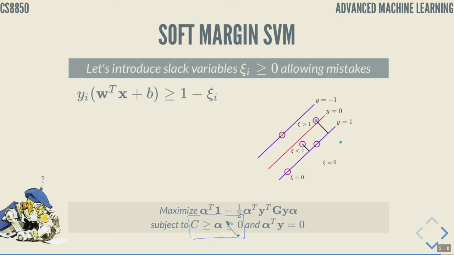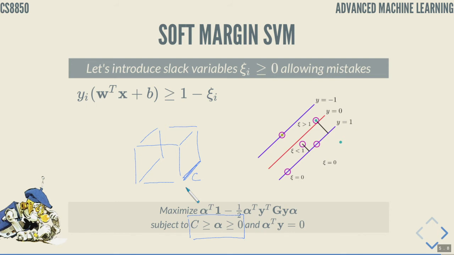As you see, the alpha Lagrange multipliers are constrained to a box, because each of the alphas is between 0 and C now. If you think of alpha as a three-dimensional vector, it is within a box with side C. It has to be inside of this box.